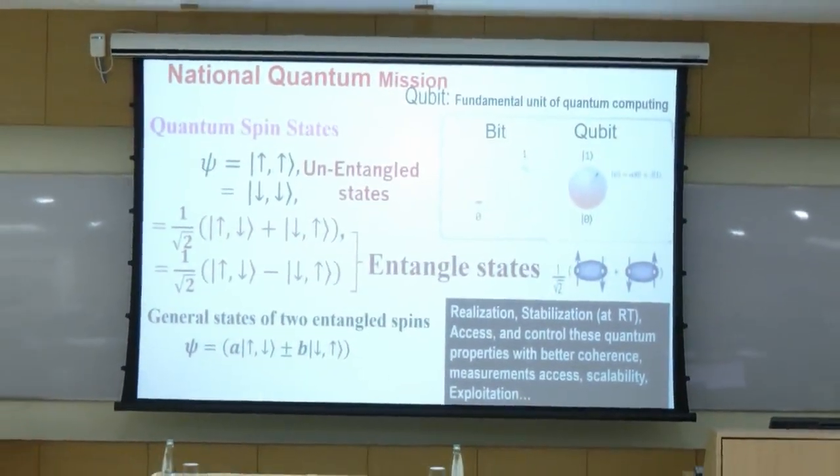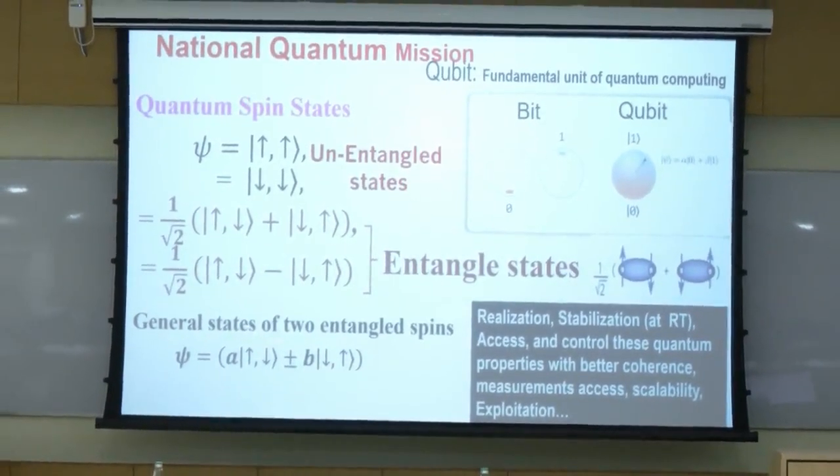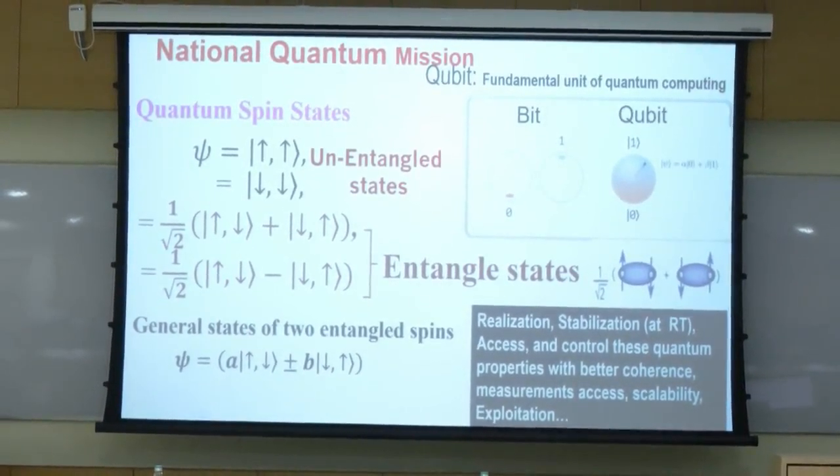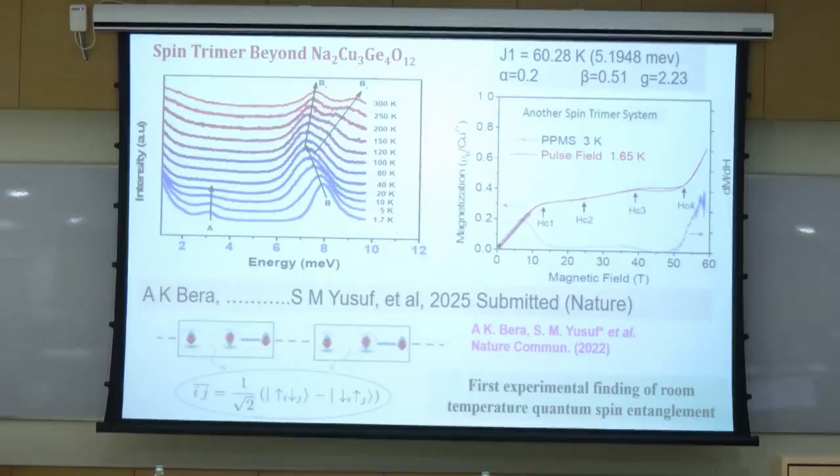In this case, we have shown the qubit, which is represented by this kind of spin entangled state out of the electronic spin, how we are getting the entangled state, and this spin entangled state we are able to demonstrate in several compounds, which is extremely rare and the very first of its kind, that this spin entangled state exists even at room temperature, 300 K, which is unbelievable.